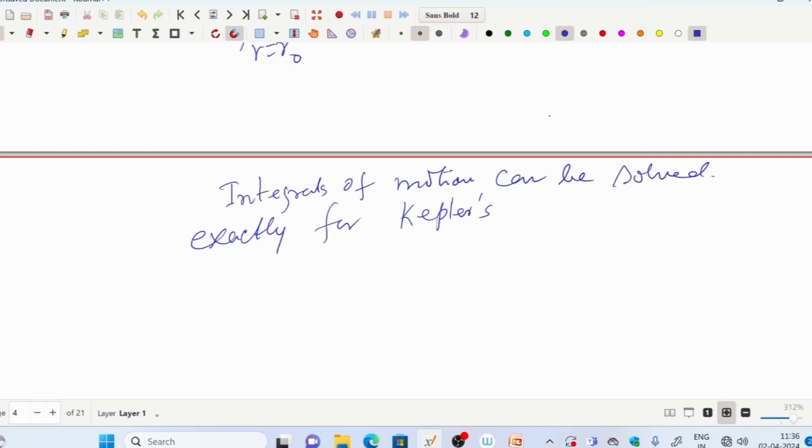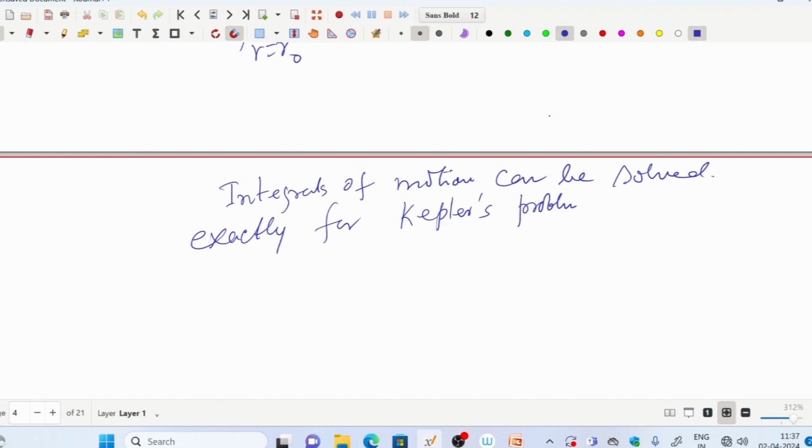This can also be applicable to the electron's motion around the nucleus. So, Kepler's problem, and we found the trajectory is completely the same as we obtained from the qualitative analysis from plotting the U effective.